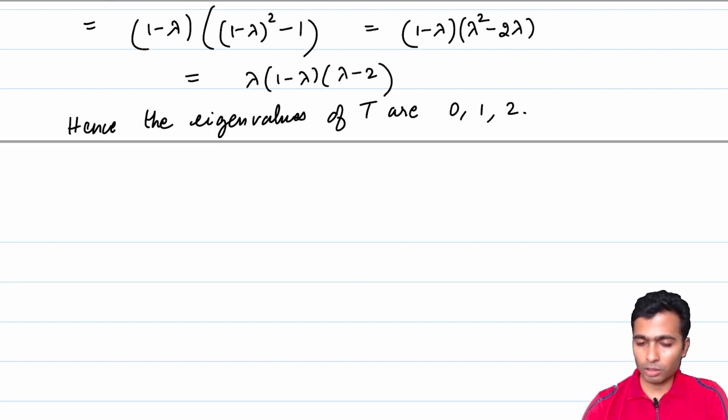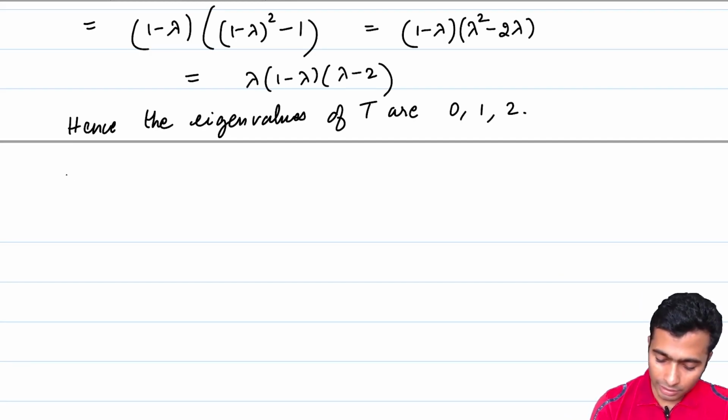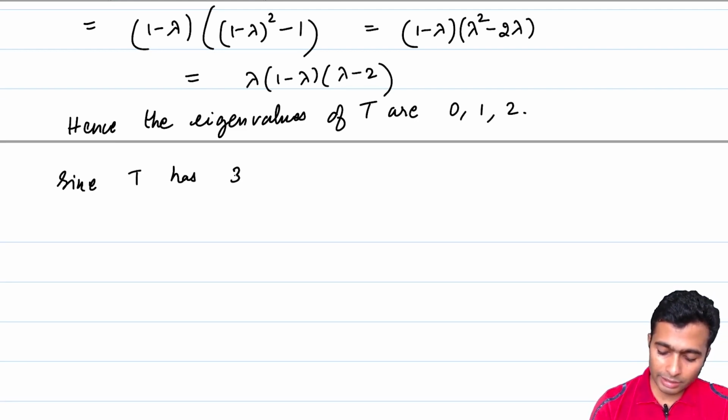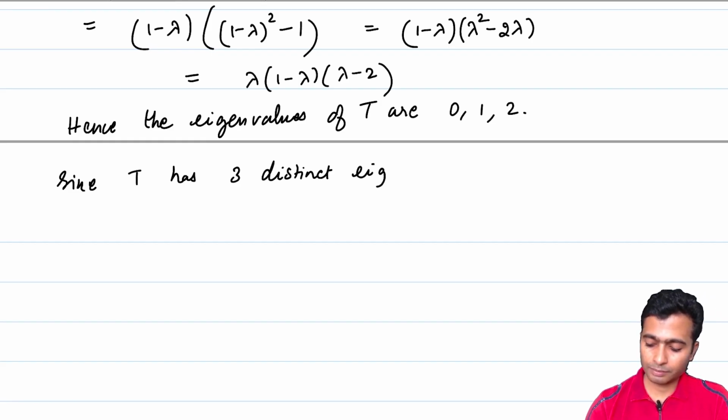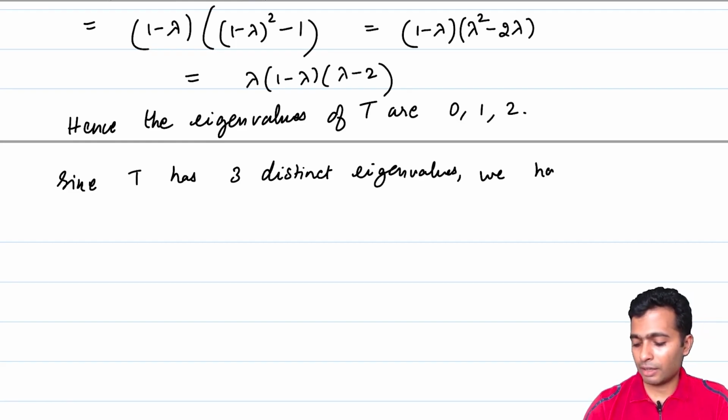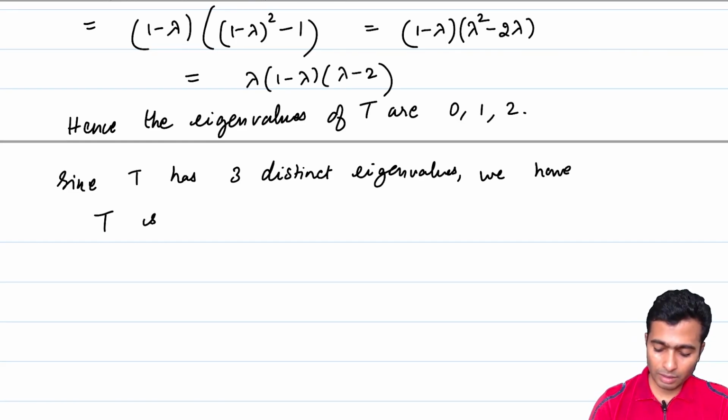So I will not even bother getting hold of the eigenvectors. By invoking one of the theorems we have proved in the lectures, since T has three distinct eigenvalues, T is diagonalizable.